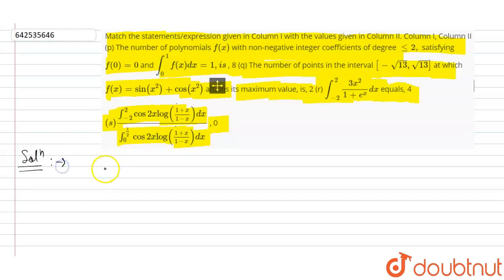The first entry of column 1, P, says the number of polynomials f(x) with non-negative integer coefficients of degree less than or equal to 2.